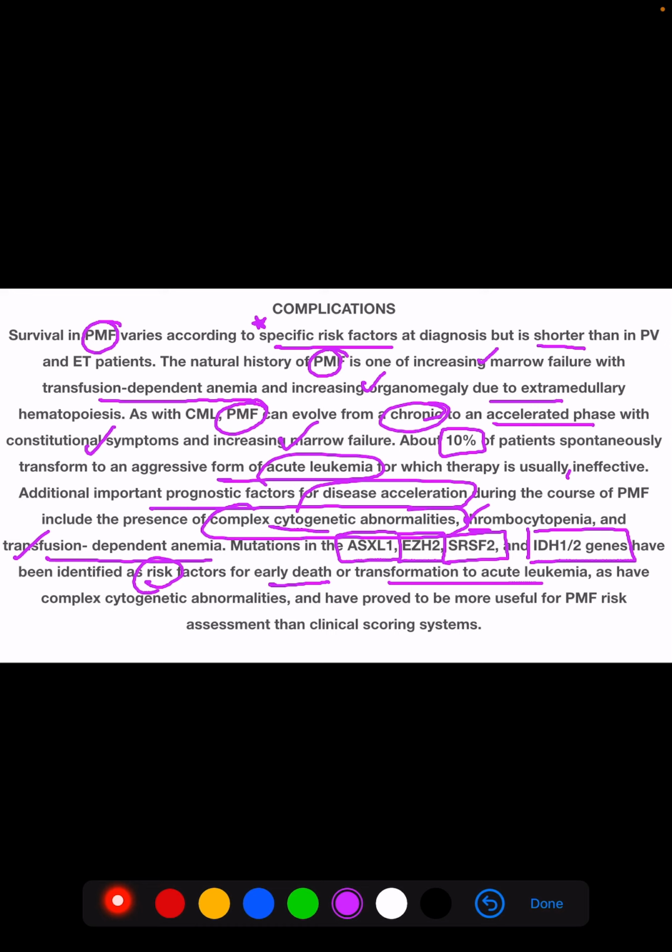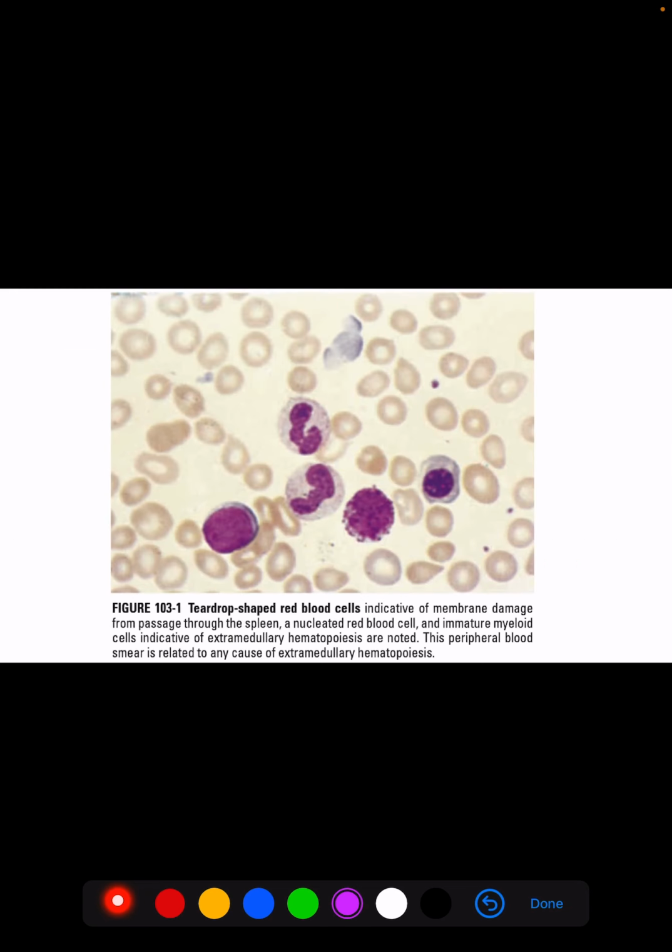They have proved to be more useful for primary myelofibrosis risk assessment than clinical scoring systems.